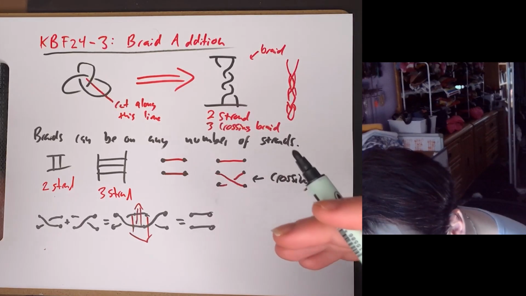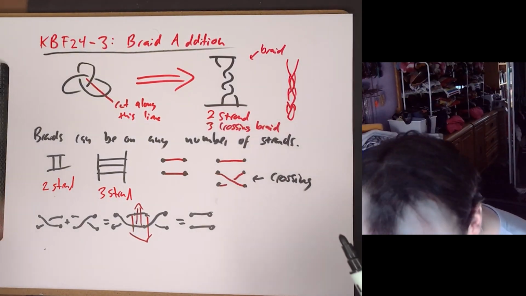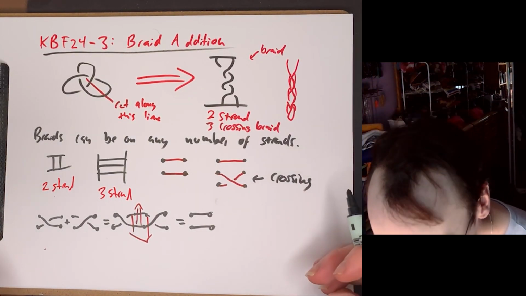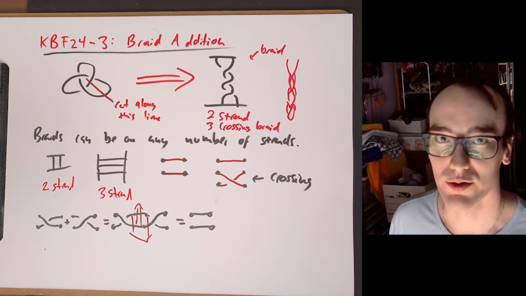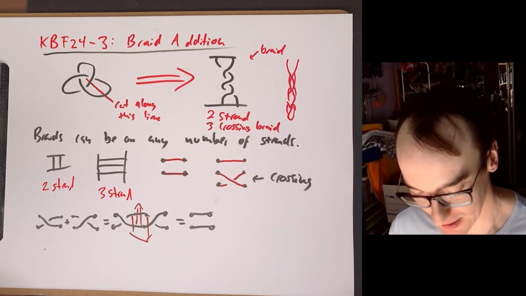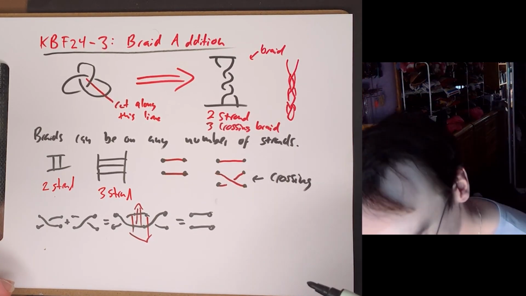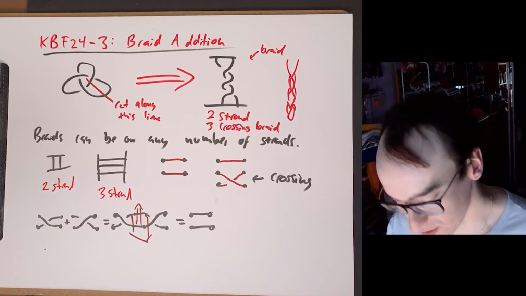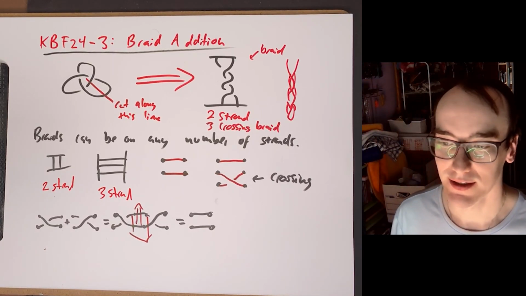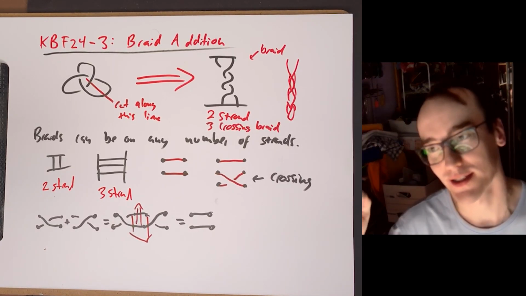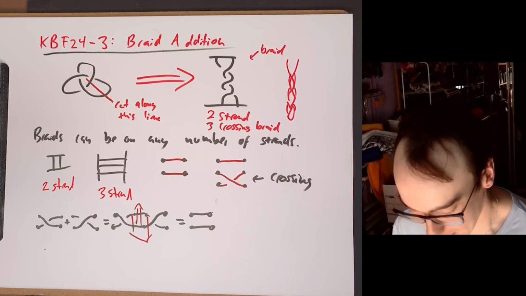But in mathematics, we're trying to create these idealized objects that follow these different rules that we can then track down and discover different interesting relationships with, as opposed to focusing too much on what the exact physical ramifications of a braid happens to be.